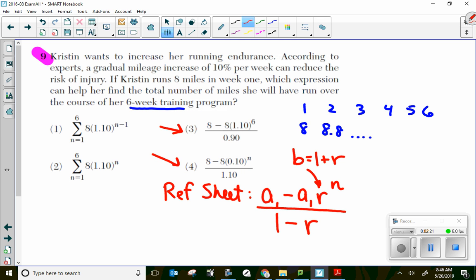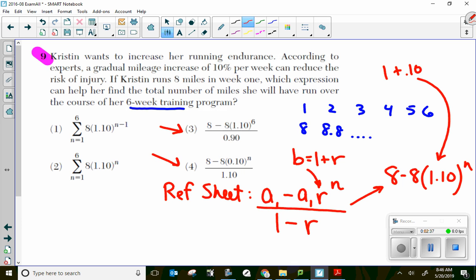Right now, if I were to do this, I'd have 8. I'd start with 8 minus 8 times 1.10 because it is increasing by 10% or 0.10. That's where I get 1.10 to the N, all over 1 minus 1.10.